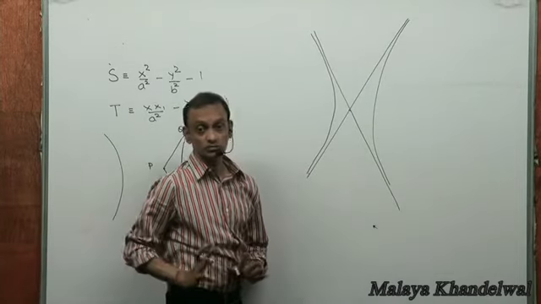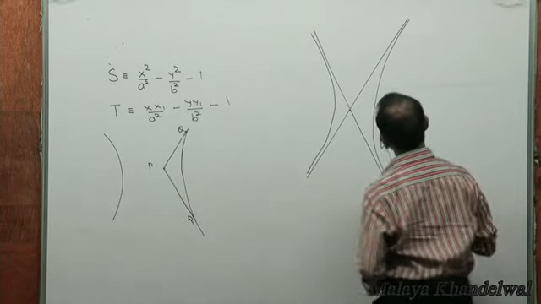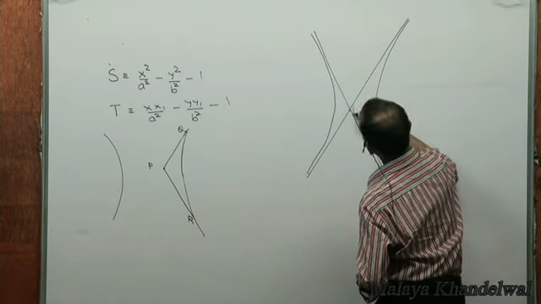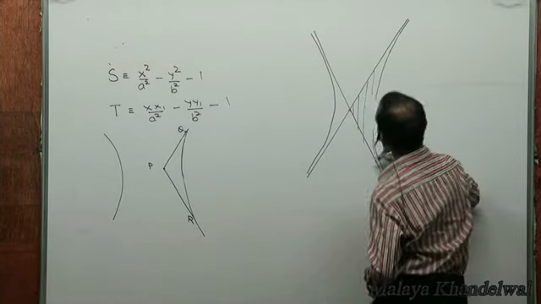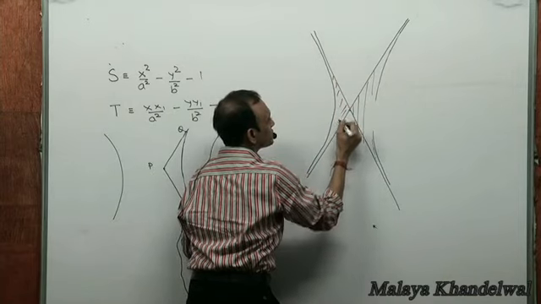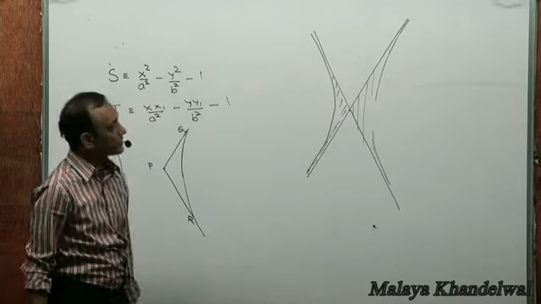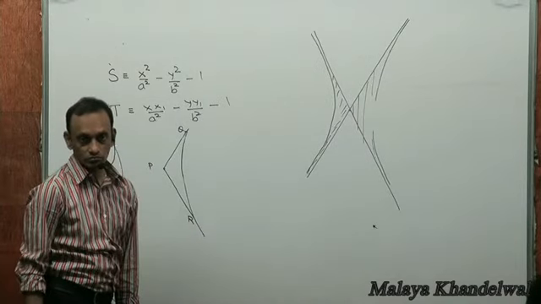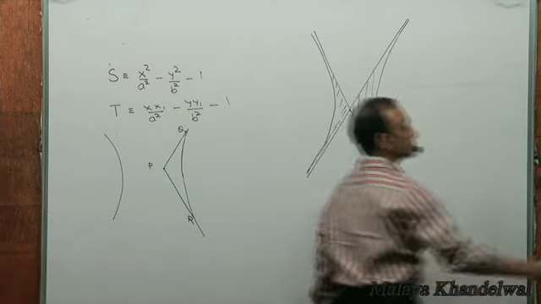Now let me tell you this plain and simple. There is a region like this, which is on the outside but lies between the asymptote and the two branches, right? The shaded region.